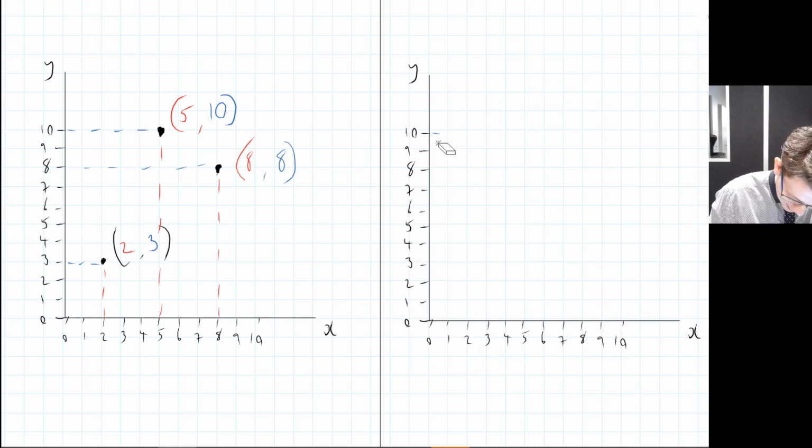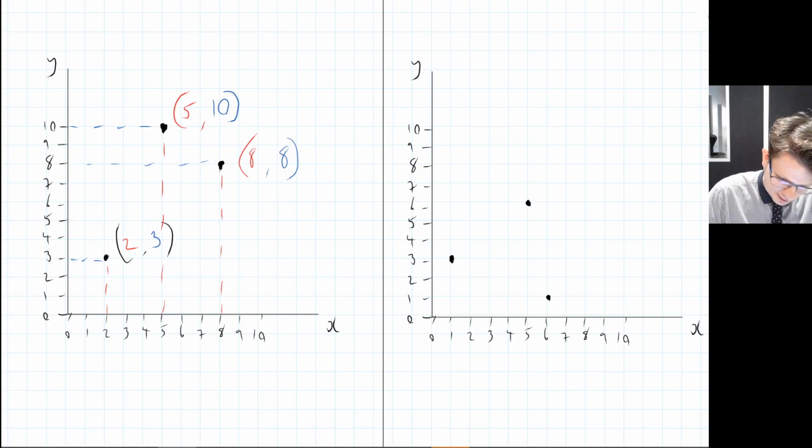Just get rid of those little extra blue dashes. Alrighty, so once I've got two sets of axes, on this one I'm going to draw up 3 more points, and I want you to write down the labels of them. So I'll do this one as our first one, this one as our second one, and this one as our third one. Alrighty, so 3 points, pause the video, write down what you think they would be.